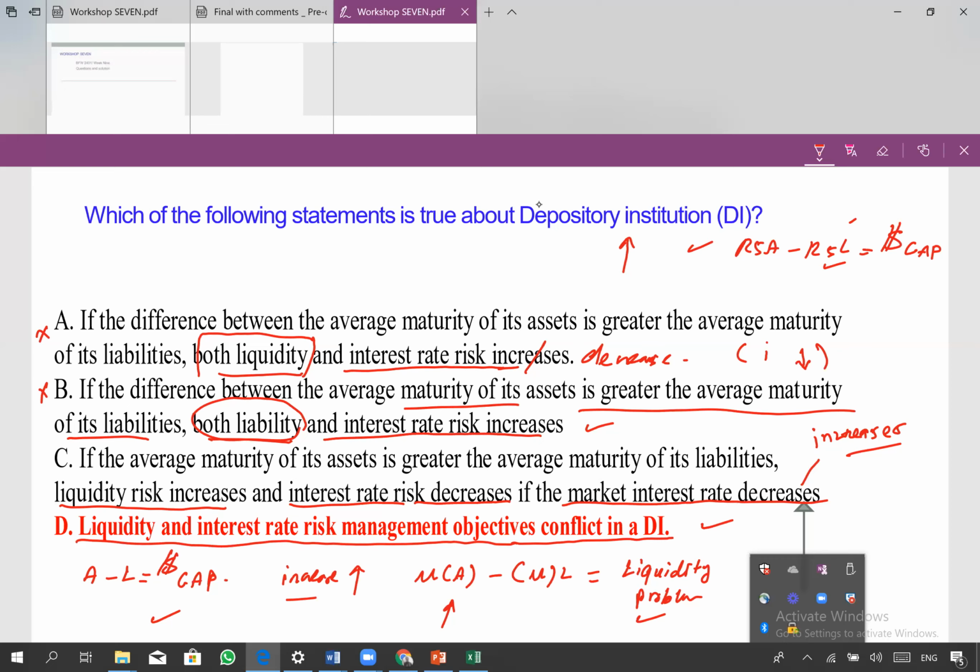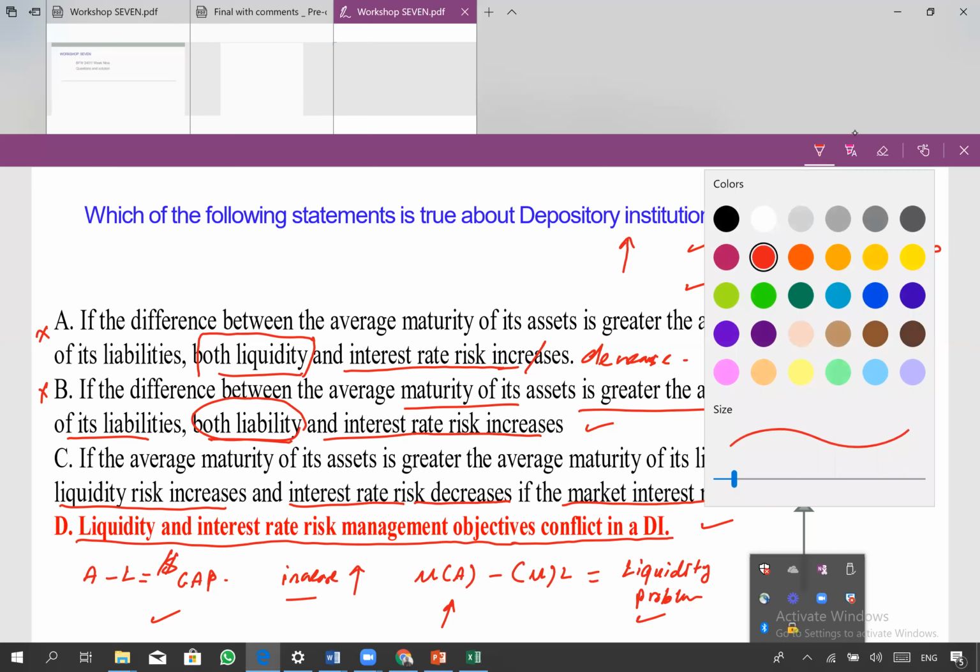However, when you are talking about liquidity, you want the maturity of assets, which is the assets, you want more liabilities. Actually, you want this liability to be there so you can have more liquidity. So the maturity of assets and the liquidity should be higher, and you have to take care of this area, which is the liabilities.